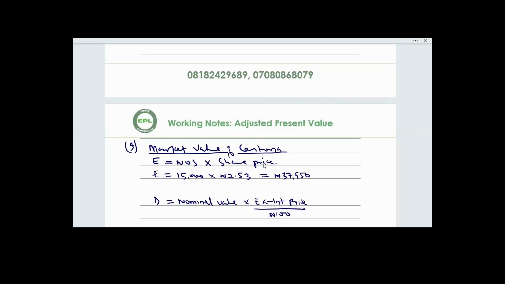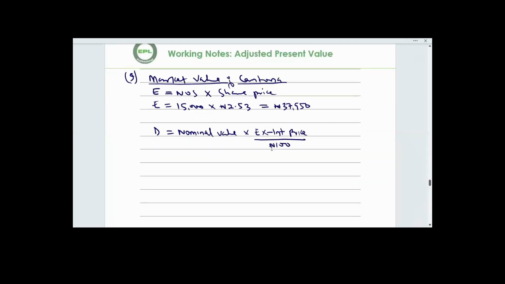In this case, the nominal value is 40 million, figures are in thousands, so we'll put it as 40,000. Then multiply by the ex-interest price. The examiner told us that's 94.88. Is it 94.88? Yes, 94.88, then divide by 100 naira.